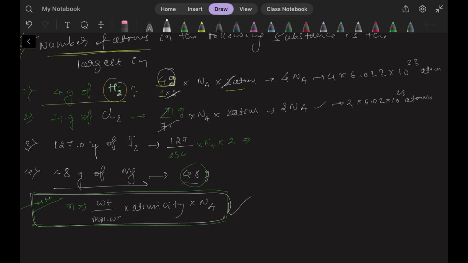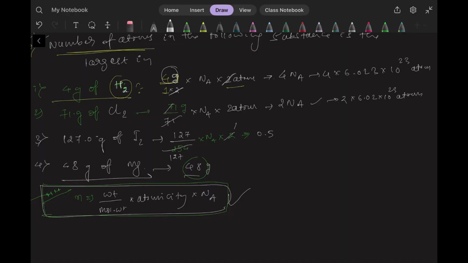So again simplify, you will get 0.5, 2 ones are 2, 2 twos are, 2 sevens are. That is 127 ones are 127. Therefore you are going to get only 1 into Na, nothing but 6.023 into 10 to the power of 23 number of atoms present in 127 gram of I2.